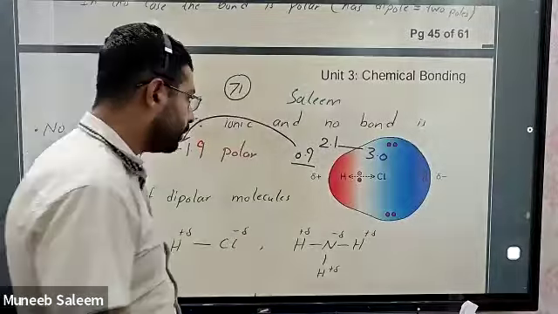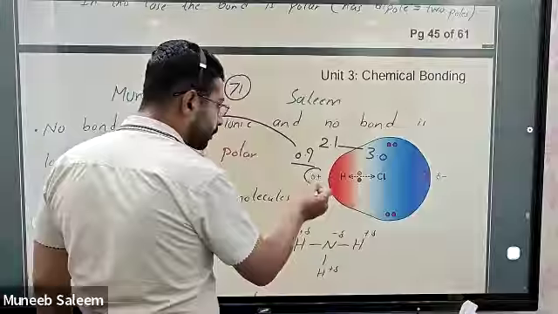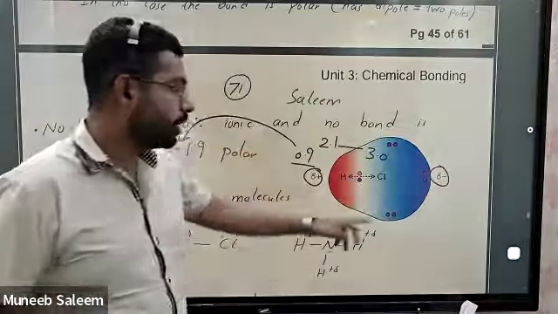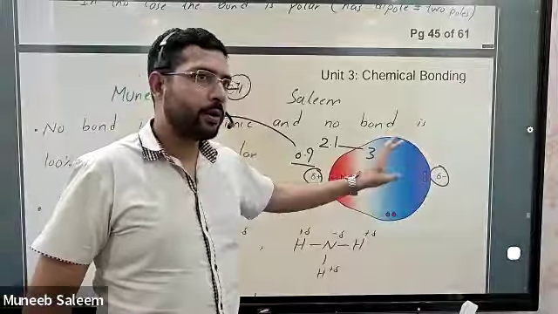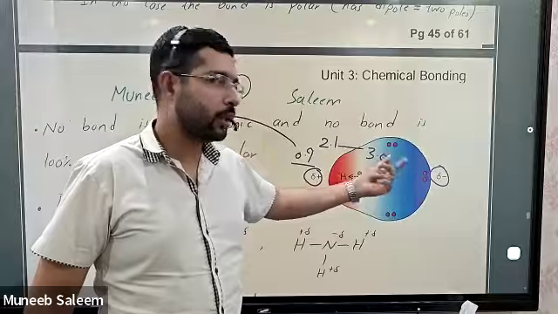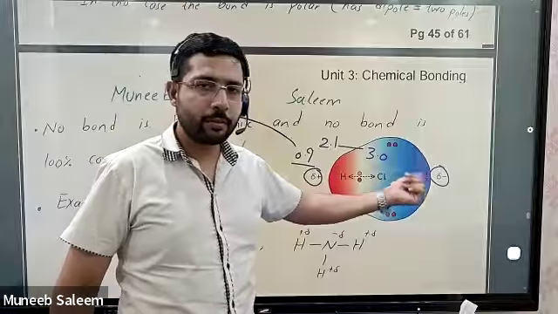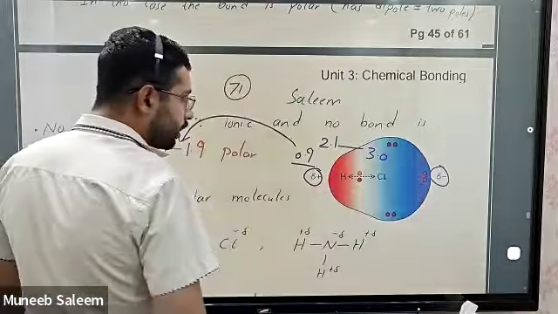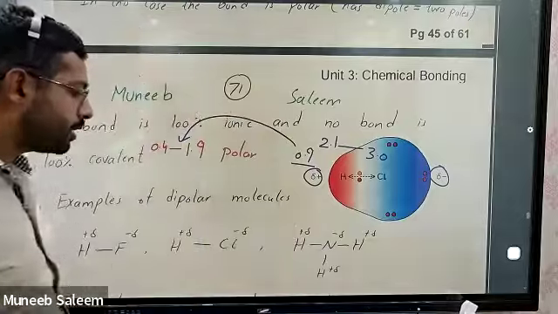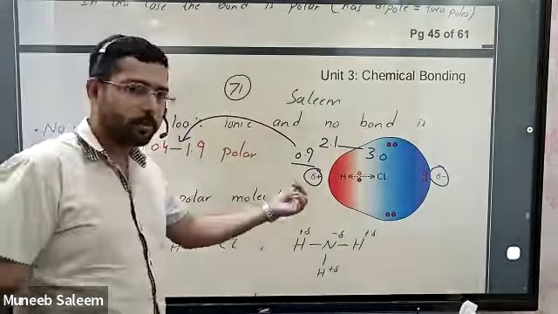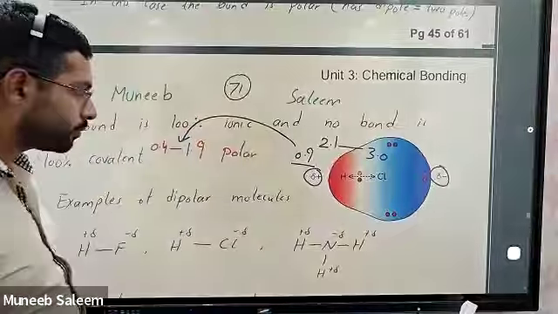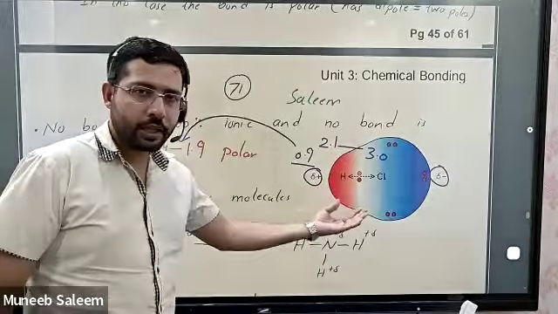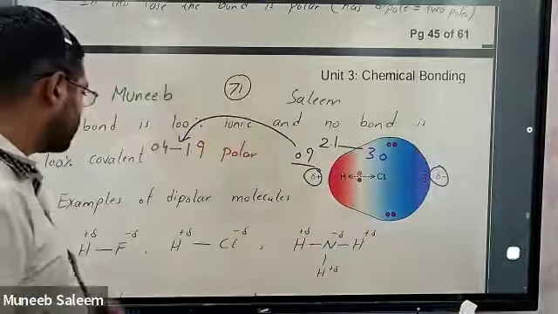Why would it be polar? Because we can see two poles, the partial positive pole over here and the partial negative pole. Now what does it indicate? There will be more electron density on one side of the molecule, which will be called the sigma negative side, and the other end, which carries less electron density, will be called the sigma positive side. So in this way, we have polarity in this molecule.